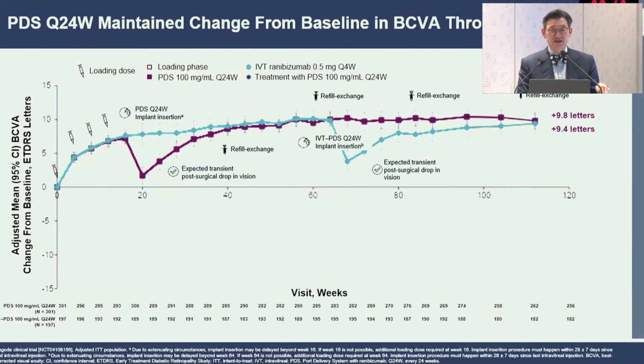Once a patient has healed from the surgical insertion of the device, it follows a curve upwards and is entirely stable. And then if you look at week 64, the light blue arm, you'll see there's a similar drop and the patients gradually also improve. So by the end of the study, the BCVA is comparable.